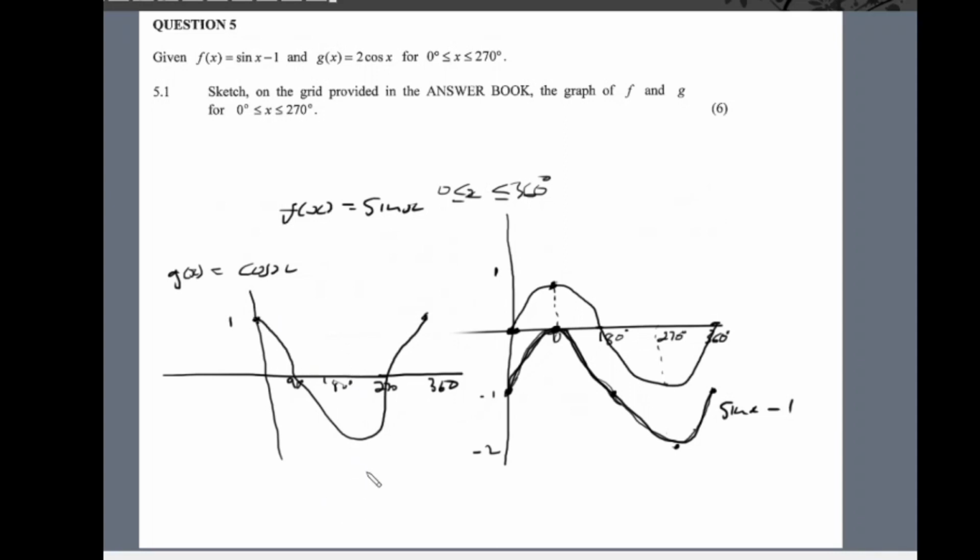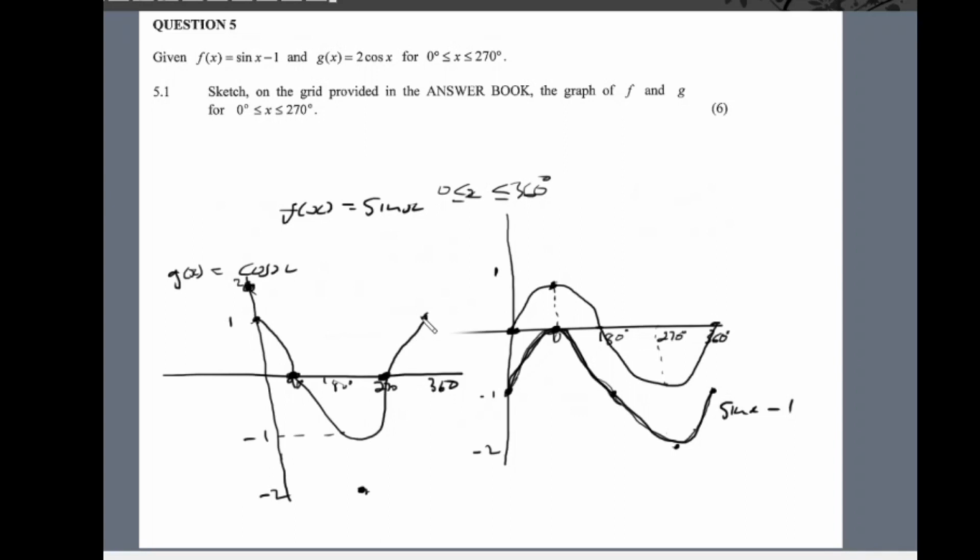Now the graph of 2 cos x, you are just multiplying every point on this graph by 2. Right, so now this point you will multiply by 2, it will come here, and then this point y is 0, you'll multiply 0 by 2, which is just 0, and then this one is minus 1, you'll multiply it by 2, it will come down here, and then this one is 0, you'll multiply 0 and 2, you'll just get 0.